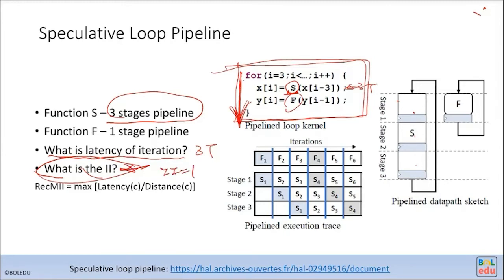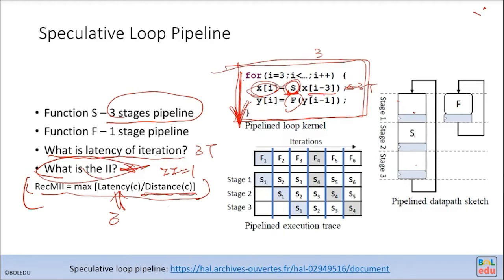Because, if you remember how you calculate II, that's the equation. You have the loop latency 3 and the dependency distance. Actually, in here, you can see when you calculate S, 3 iterations later the data will be used.